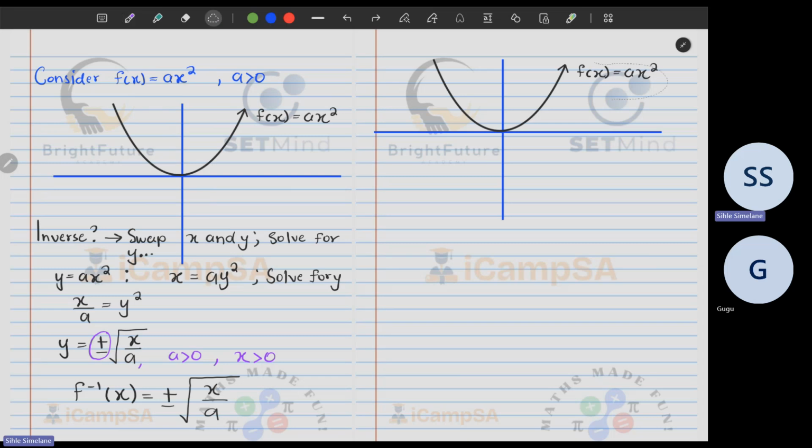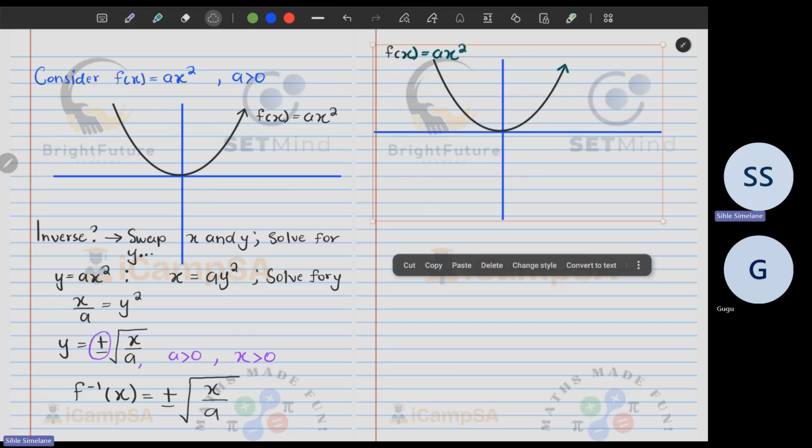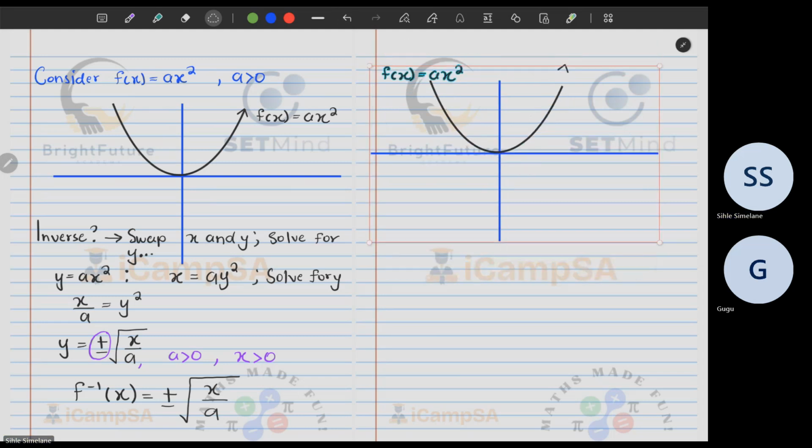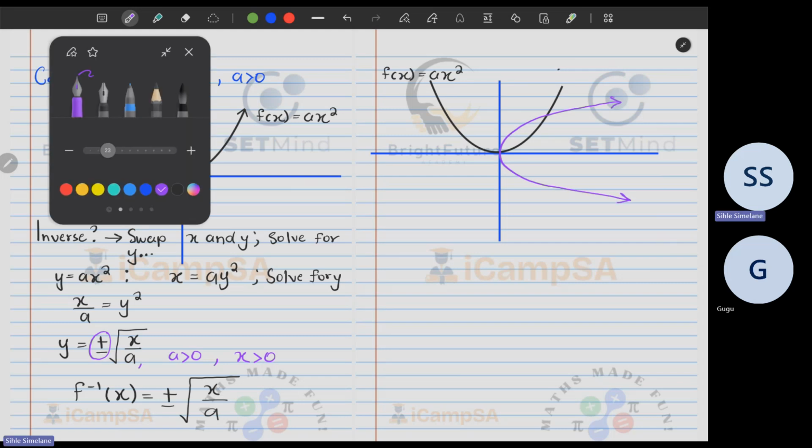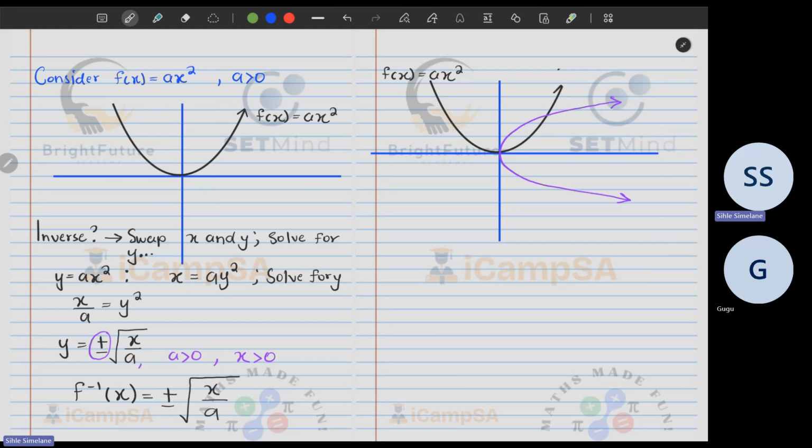Let's move this f of x to the side, move it down. If we put in our inverse, you will see it ends up being something like this. That is how our inverse is going to be for this parabola.